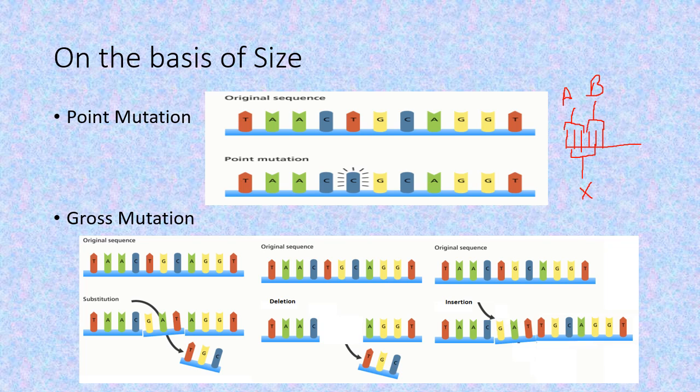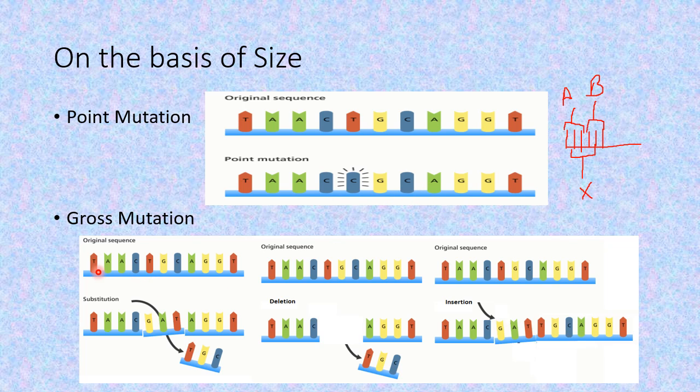So this change in a single nucleotide may lead to a change in the reading frame at the time of translation, and consequently the protein that is formed, because we know the properties of proteins are governed by the sequence of the amino acids present in its primary structure.